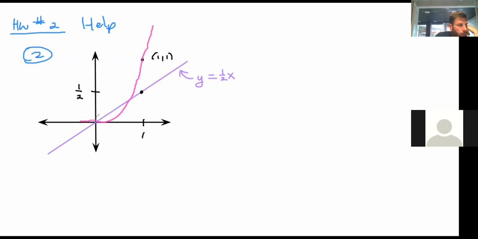And of course, it goes up like that as well. The point of interest, though, is this point where they intersect. And what I'm interested in, the region that I need to study, is this little petal right here. That's the region that I'm going to rotate.